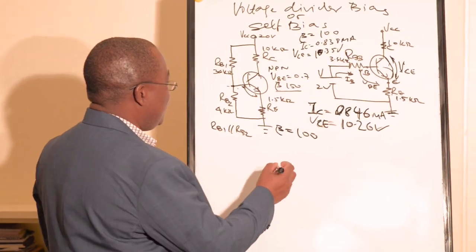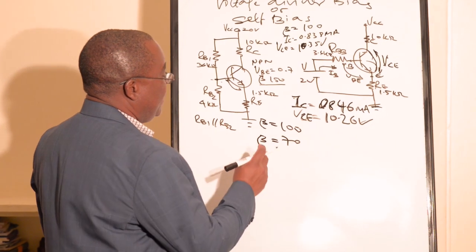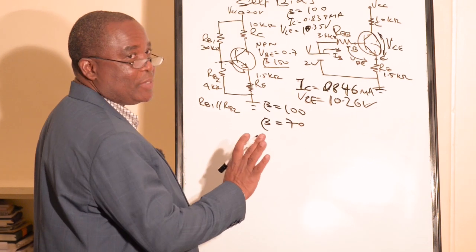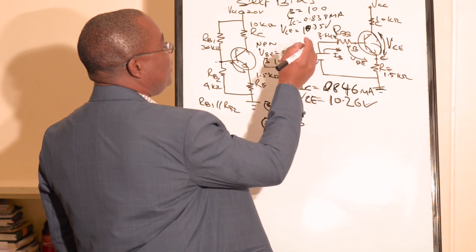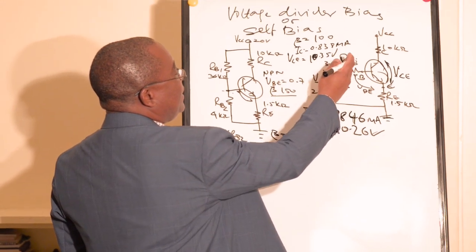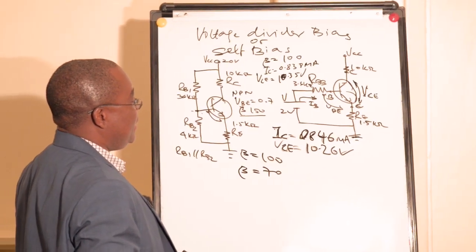Okay, let's continue now. Beta at 70. Beta at 70 also, there are values which will remain constant, like the Thevenin voltage will be constant, RBB, Thevenin resistor, base resistor will remain the same.